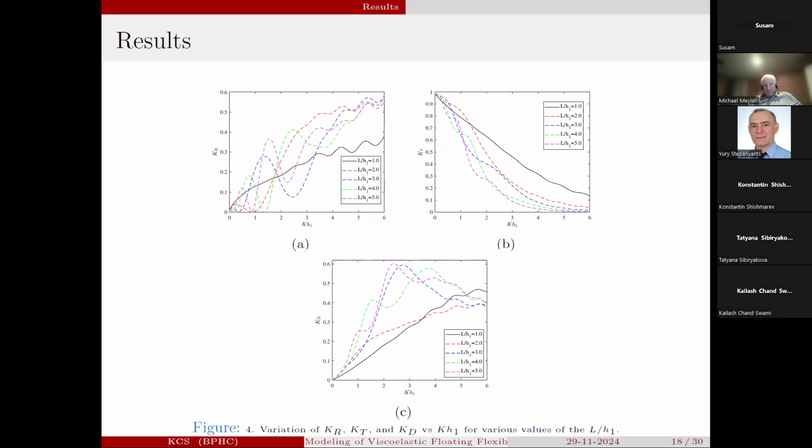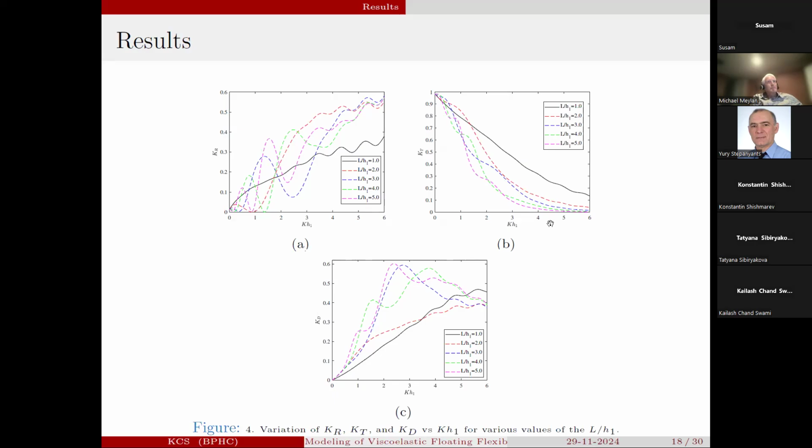Here in figure 4 you can see different values of the dimensionless membrane length, which I have taken as 1, 2, 3, 4, 5. When the length of the membrane was 1, in the short length, the reflection was less and the transmission was also less.